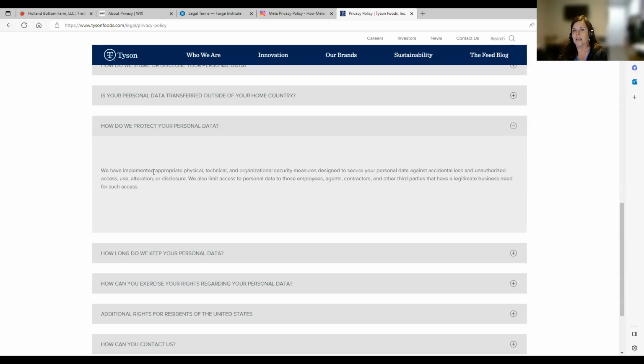And then again, if you're using an attorney to write this, if someone contacted you, are you able to explain it? For the most part, you want that privacy policy written around your framework and what information you are collecting and storing.